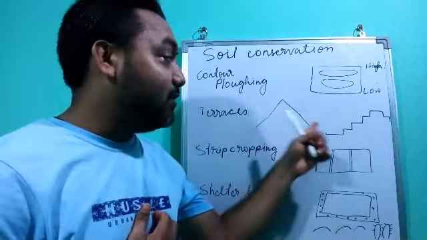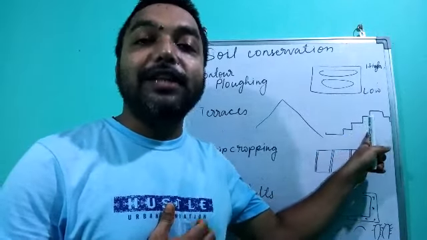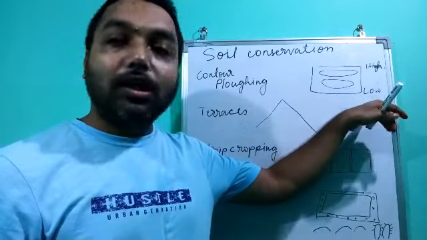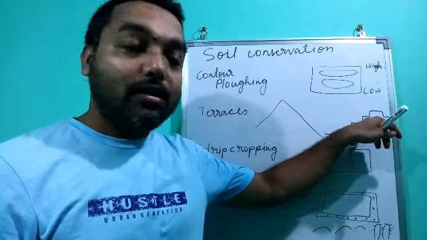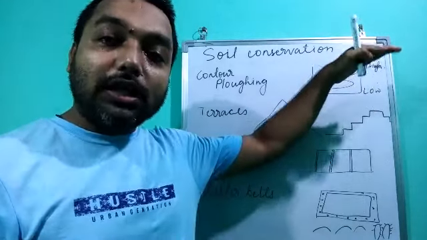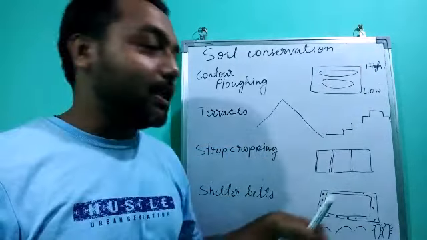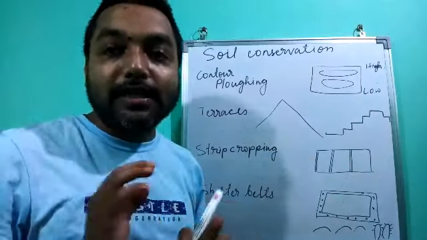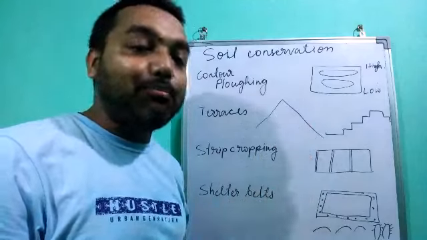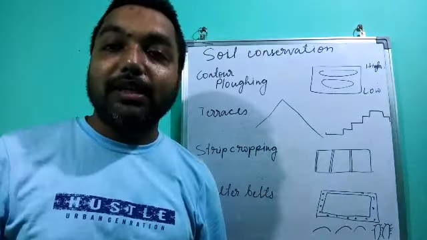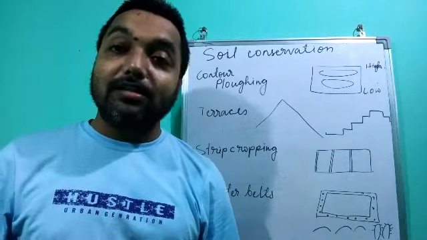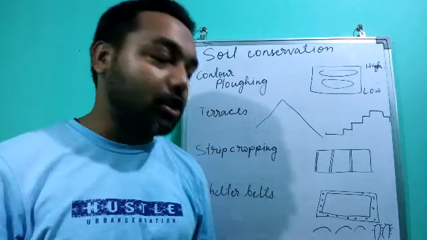Instead, if he develops this kind of terrace, a step-like structure, then when rainfall occurs, first the water will stop here, then come and stop here, and next stop here. So the water will not flow directly, but will stop and flow stepwise. As a result, soil erosion will not take place. This is also a method in the mountainous region by which good agriculture can be done and soil erosion can be stopped.